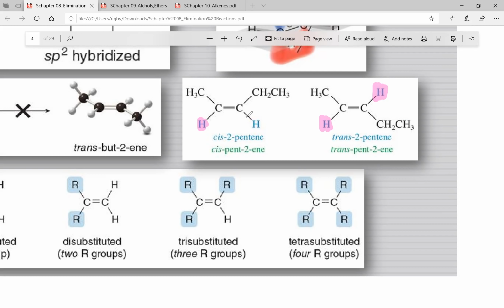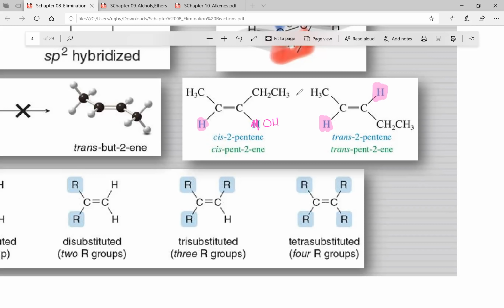So, for example, if instead of having an H here, this guy had an OH here, we couldn't use cis or trans because we don't have two of the same group that we're comparing. So instead, we would have to use that other system that I will explore a little bit later when we enter chapter 10. Okay?